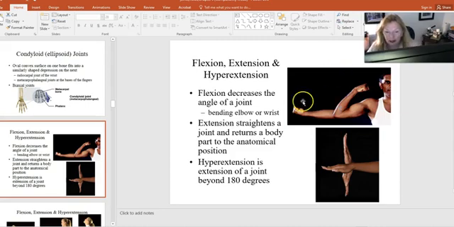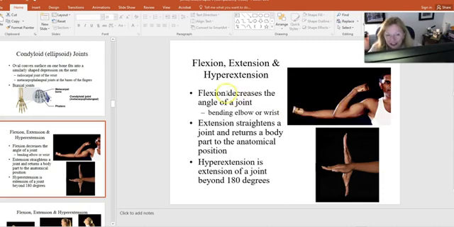So if you think about a person who has raised his arm in a lateral way, and his elbow is flat here, this could be measured as about 180 degrees. But if he pulls his hand up toward his shoulder, this is decreasing the angle. Now it's at about 45 degrees.